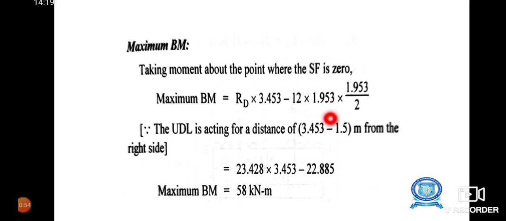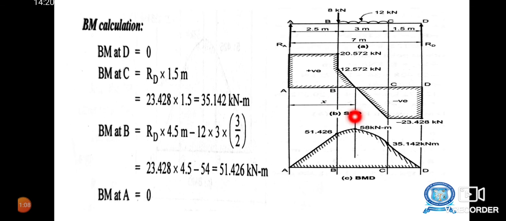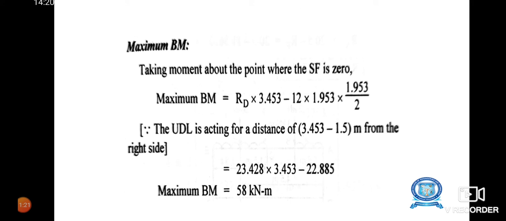Simplifying that equation, we get the maximum bending moment of 58 kilonewton meter. You can see this in the diagram: the maximum bending moment of 58 kilonewton meter at the calculated distance.